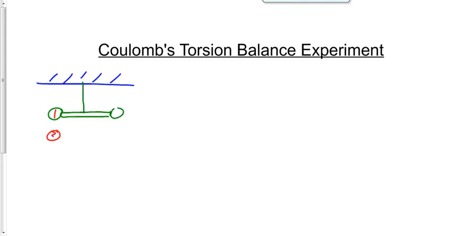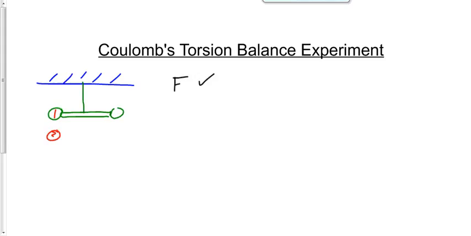That's going to cause a force of attraction or a force of repulsion on object number one. Doesn't matter which. That's going to cause object number one to be pulled towards number two or pushed away from number two. That's going to cause the string to twist. Now remember, the amount the string twists tells us how much force of attraction or repulsion we had.